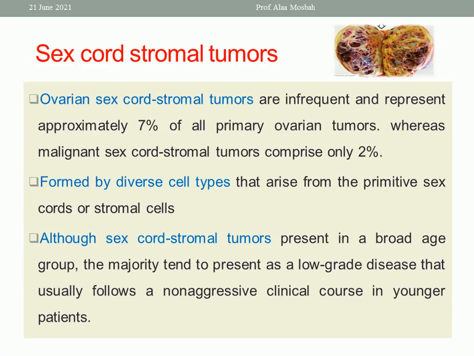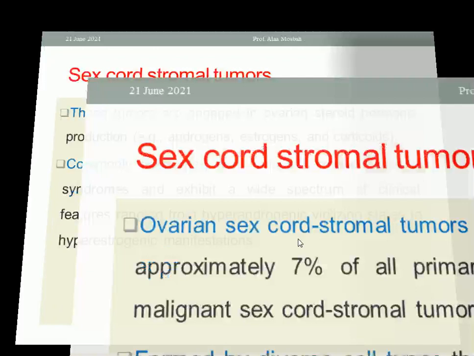Formed by diverse cell types that arise from the primitive sex-cord or stromal cells. Although sex-cord stromal tumors present in a broad age group, the majority tend to present as a low-grade disease that usually follows a non-aggressive clinical course in younger patients, and this allows us to do conservative surgery for such type of tumor.